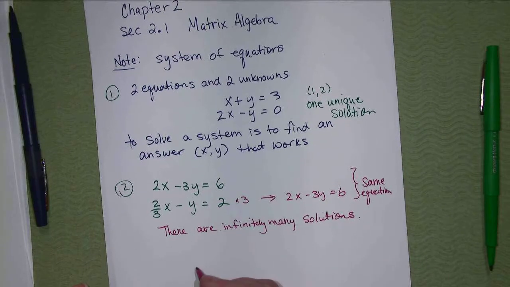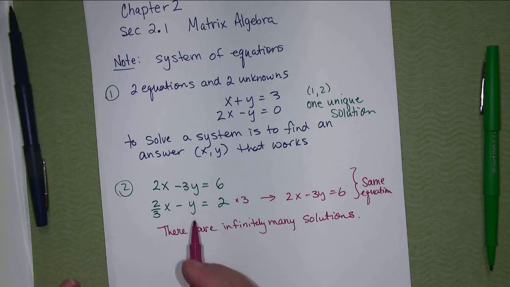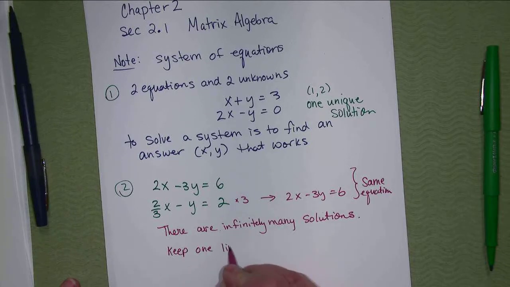Now, we're going to start writing them out, sort of what I did in the last one. So if these are the same line, you only need one of them. Okay, but we still have to keep one of them. So keep one line. So let's say 2x minus 3y equals 6. Solve for one unknown.